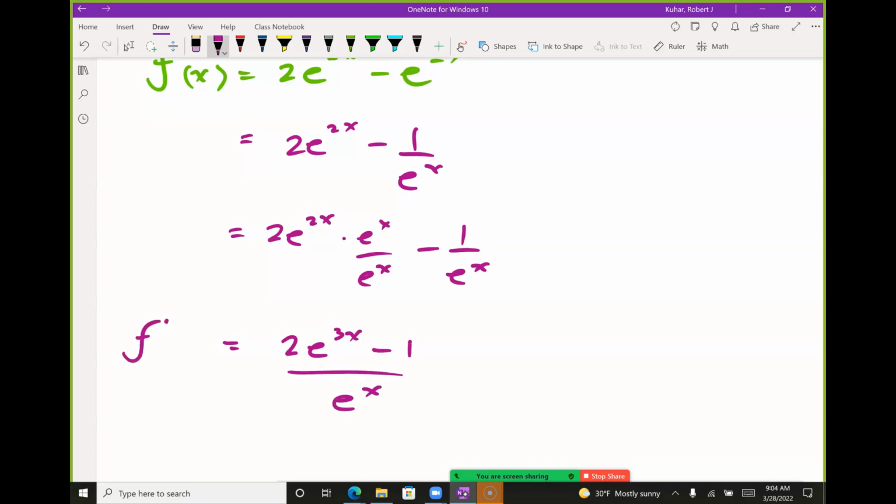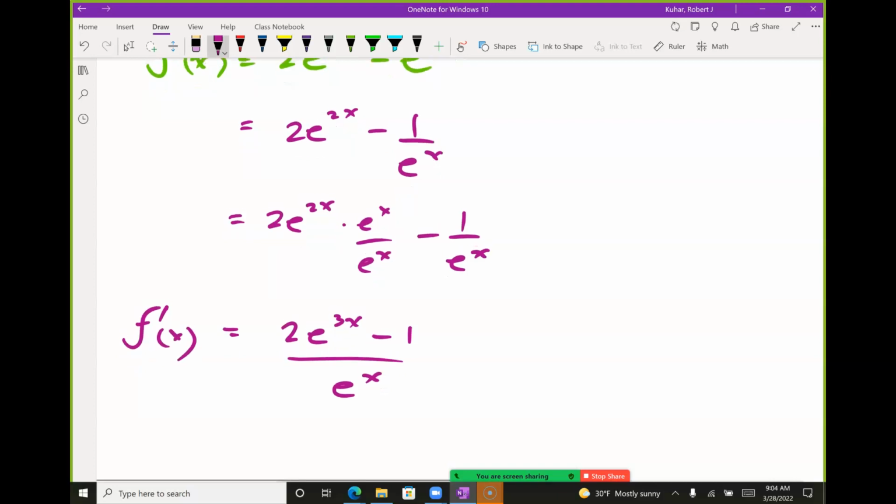There's my derivative. Remember, I want to get all positive exponents. I want to get a single fraction. I want it to be completely factored.